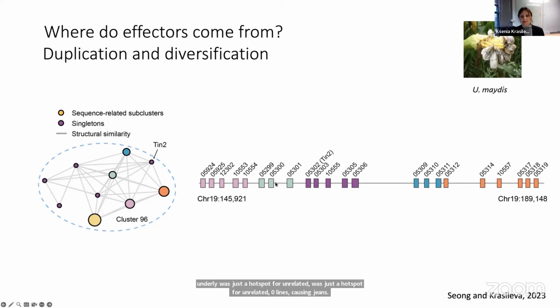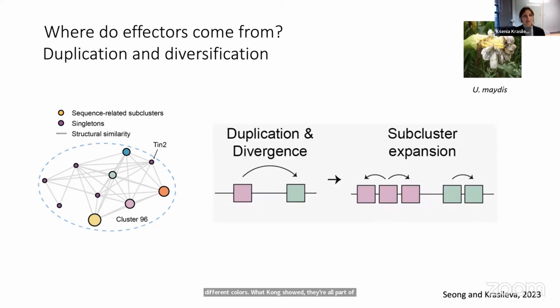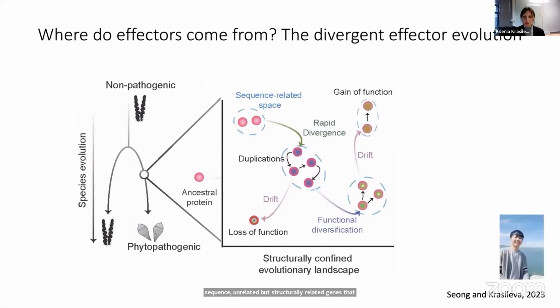You can see the sequence similarity groups here in different colors. What Kunyang showed is that they're all part of one large structural family. So indeed, it's a cluster, but it's a cluster of sequence-unrelated but structurally related genes that likely originated through duplication and divergence. There's a lot more analysis in this paper.